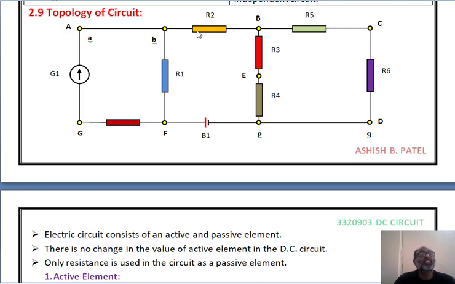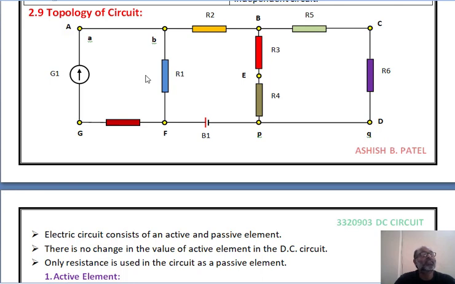Only resistance is used as a passive element in the DC circuit. So here resistances R1, R2, R3, R4, R5, R6, R7 are the resistive elements connected in the circuit. Third, what is a network?